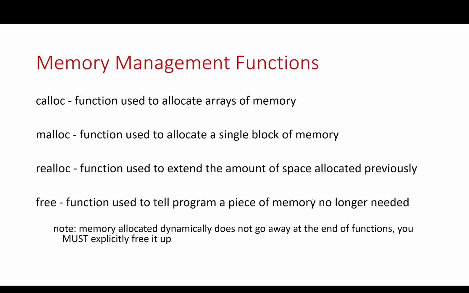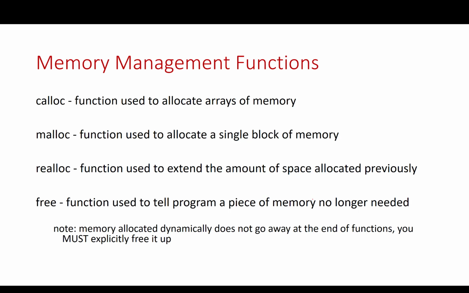First one is called calloc. This is a function used to allocate an array of elements, an array of memory. Malloc is doing the same thing. It's giving you a block in the memory in which you can put your array elements.